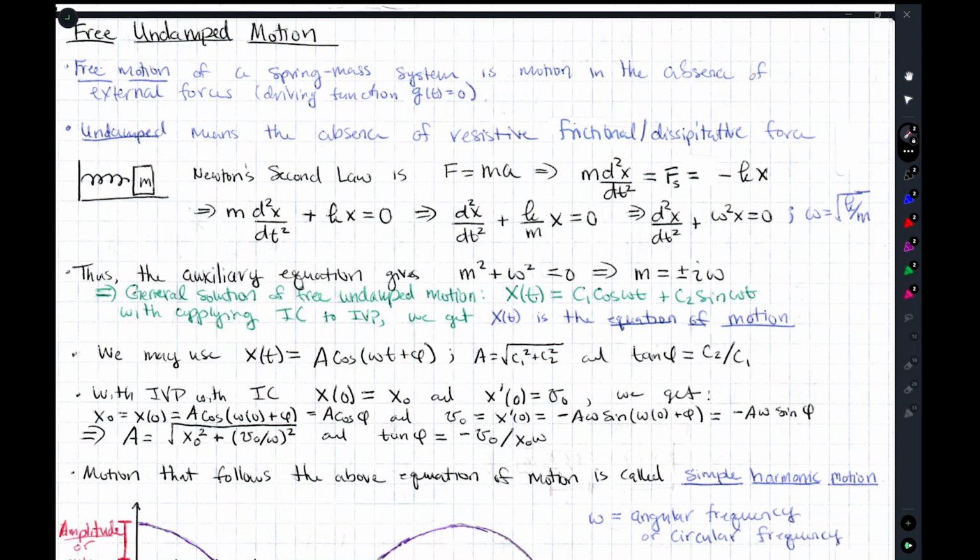So we have to consider what's internal to our system. Any dissipative or resistive force, like a frictional force from the spring mass flowing in a viscous fluid, or friction between it and a surface that it's moving on, we'll consider as part of our system in general.